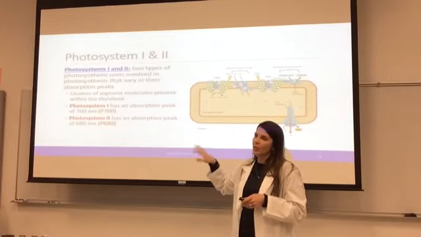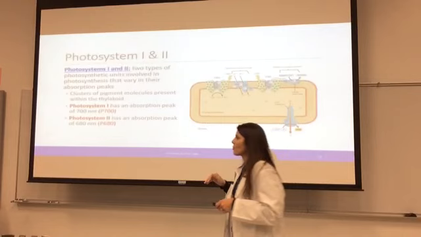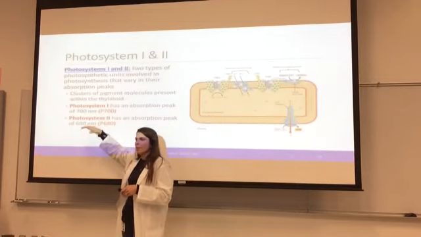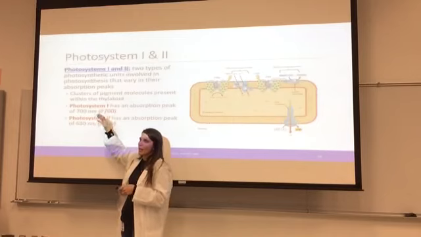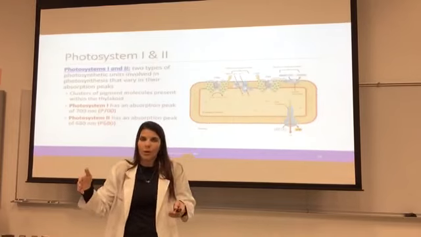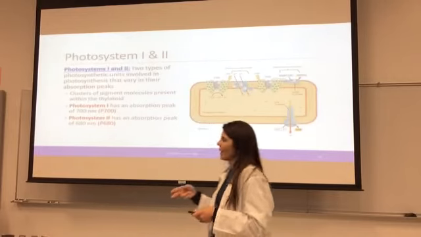I intentionally put this slide together because on your test, sometimes they call them photosystem 1 and photosystem 2, and sometimes they call them P700 and P680, and they don't have photosystem there at all. I want to make sure that you know what it is.